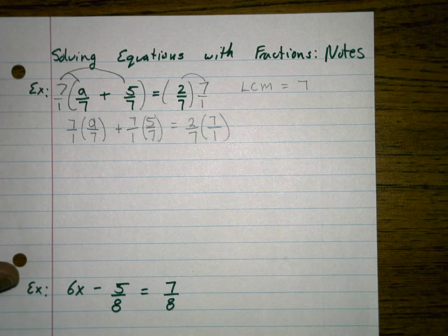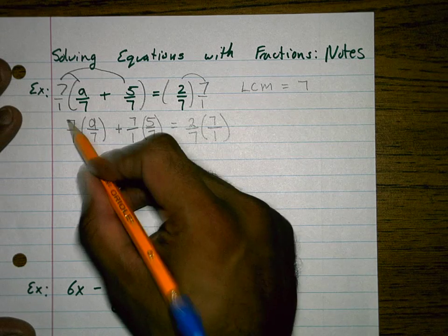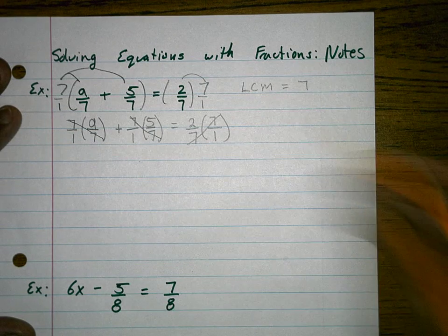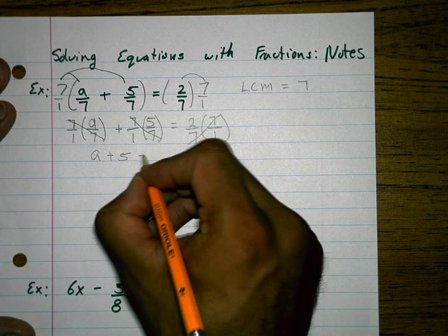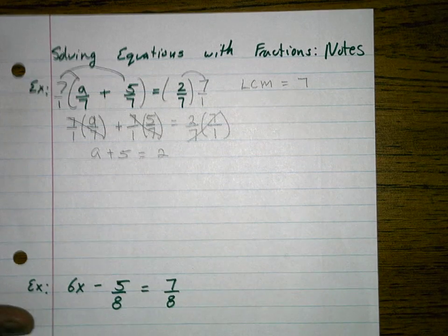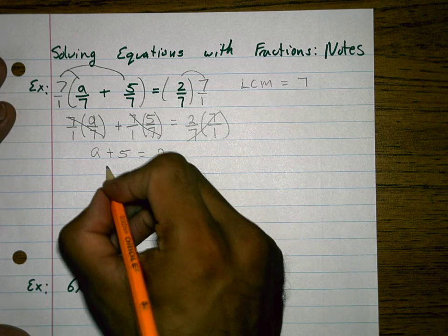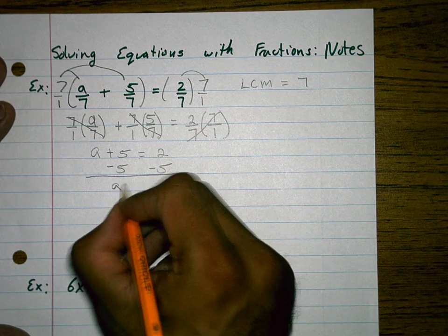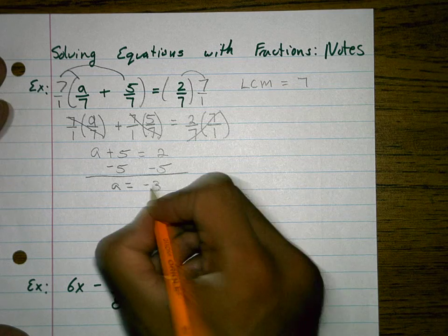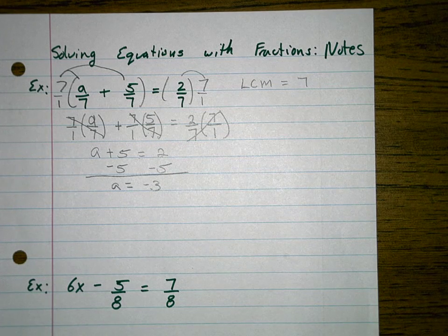All those 7s reduce, so I end up with a plus 5 equals 2. Subtract 5 from both sides, and a equals -3. So that one seemed pretty easy, and it was nice because the LCD was real simple.